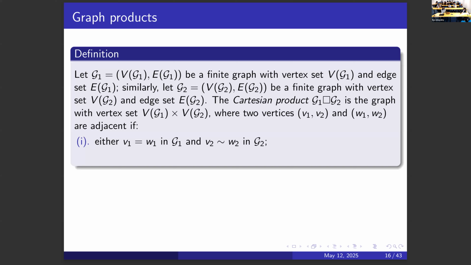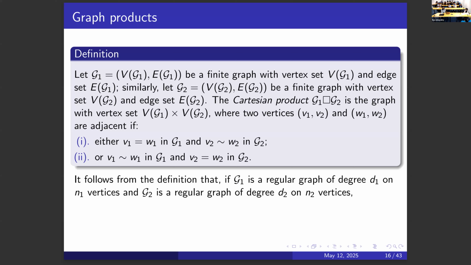Remember now, a point is a new vertex in this graph product, it's going to be in V_G1 cross V_G2, which means it's going to have two components to it. Now you have an edge if the first components are equal and the second components are adjacent to each other, or the other way around, where the first components are adjacent to each other and the second components are equal. And that's how you have an edge between any two vertices of your resulting graph.